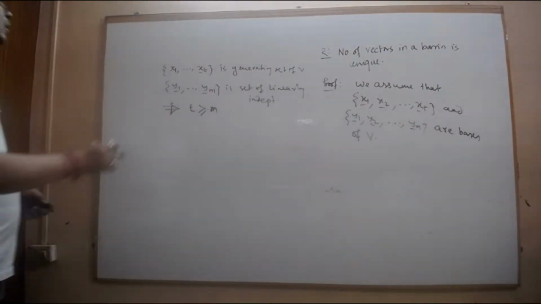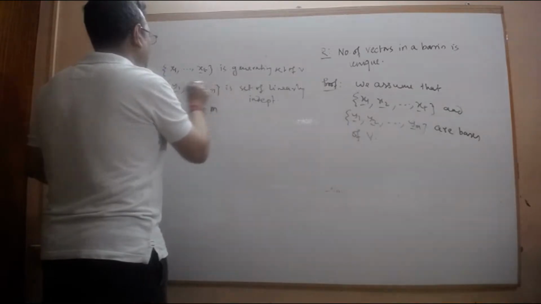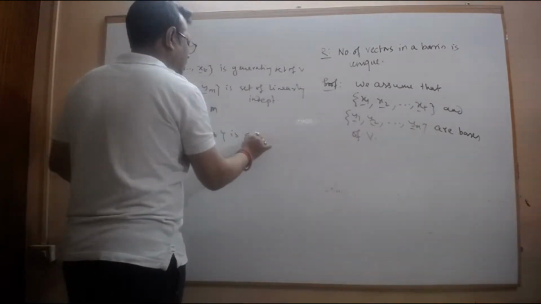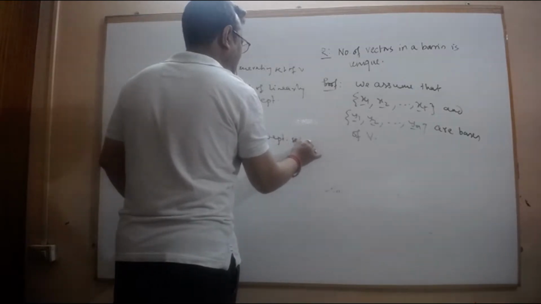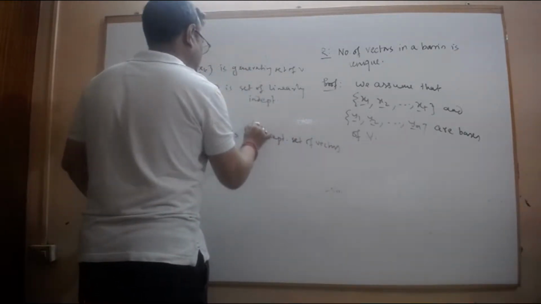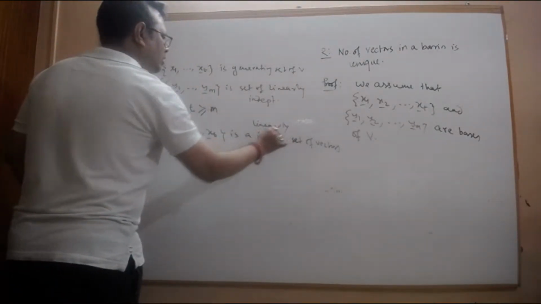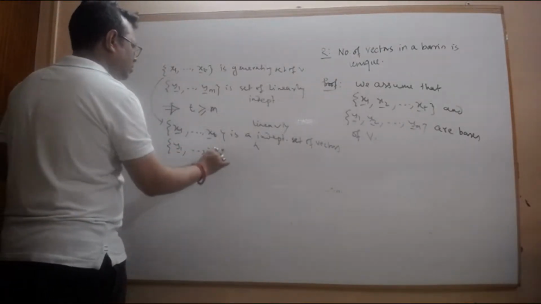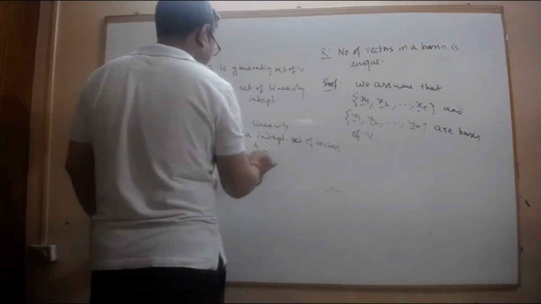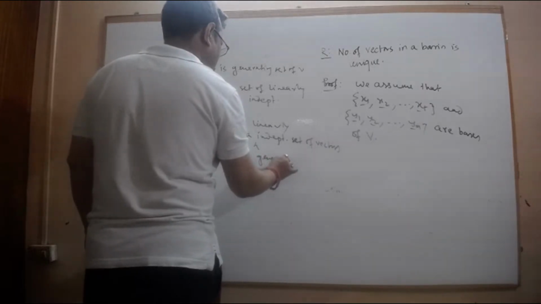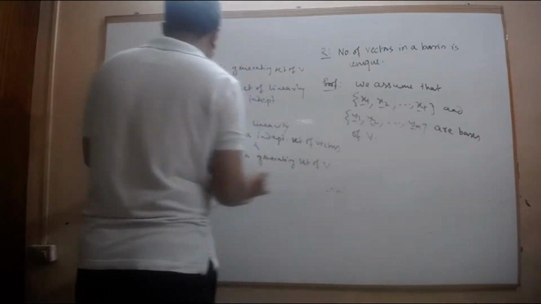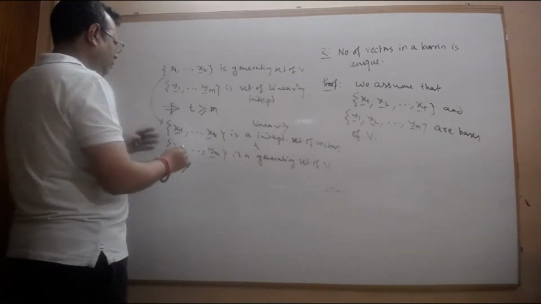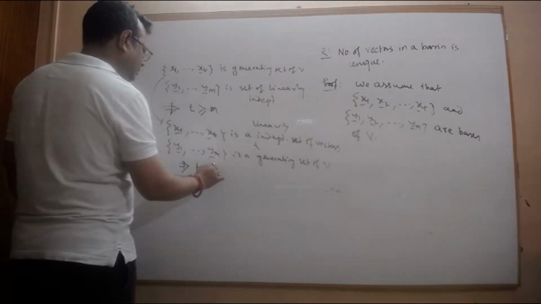Again, this is a basis, so this is a linearly independent set of vectors, and this is a generating set of V, because this is a basis of V. So using the theorem, this T should be less than or equal to n.